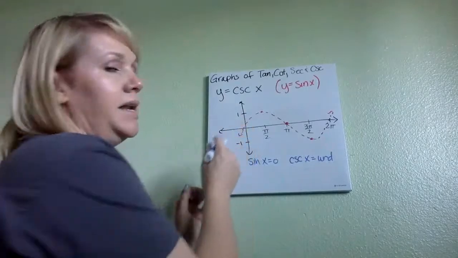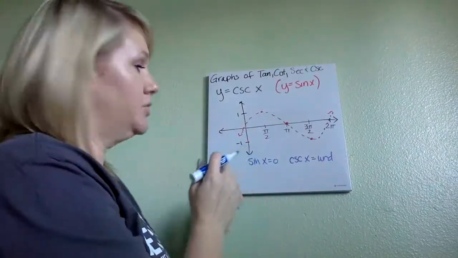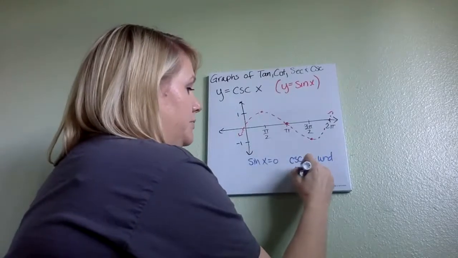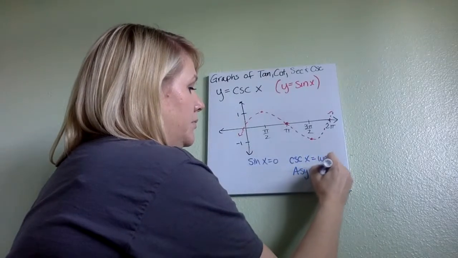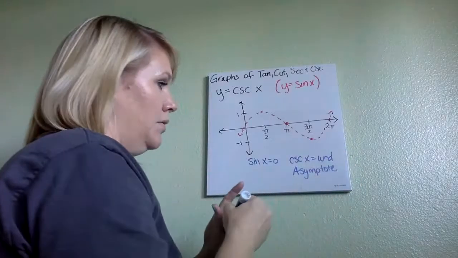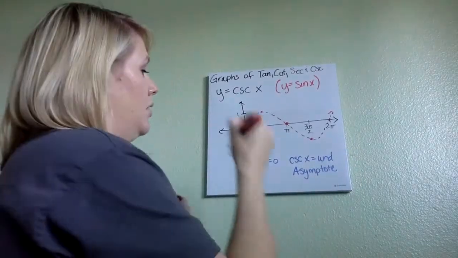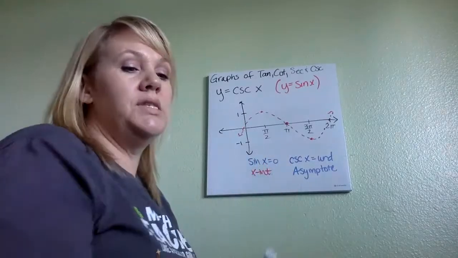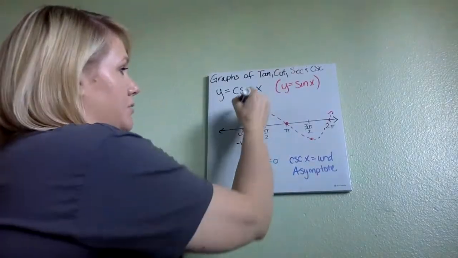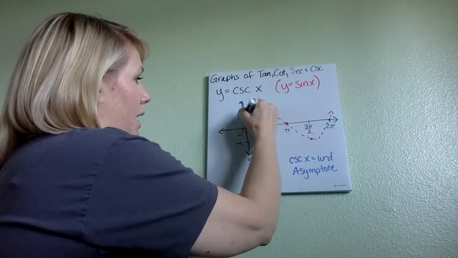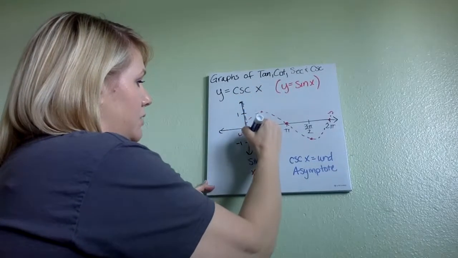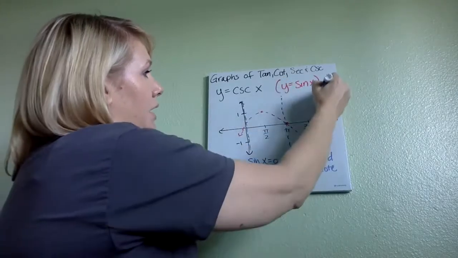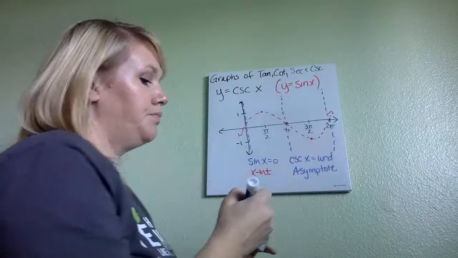So every place the sine crosses the x-axis, where it's equal to 0, the cosecant has an asymptote. Every time the sine function has an x-intercept, the cosecant function is going to have an asymptote. So that would be the y-axis. I'm going to draw it right next to the y-axis so you can still see it, at pi, and then at 2 pi.